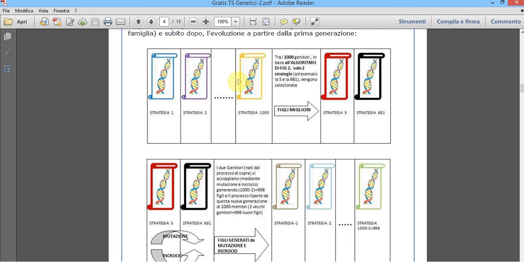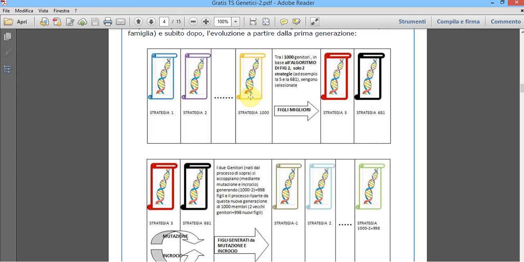Then all these members of the population compete against each other based on a function called fitness. It's a user-defined function, such as maximum net profit, low drawdown, or average trade, and so on.